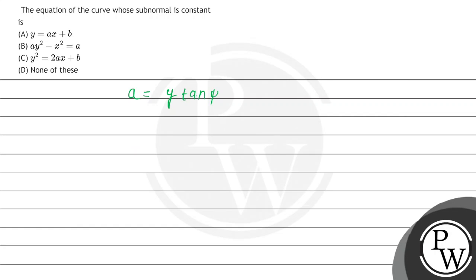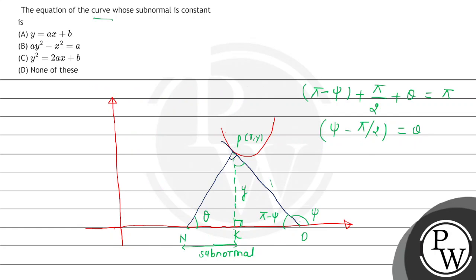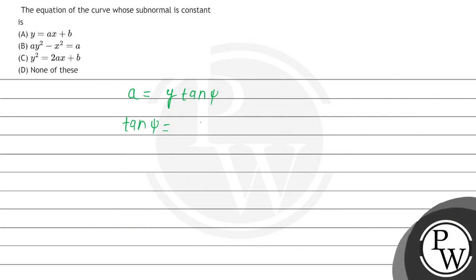Now we know that tan psi is nothing but the slope of the tangent, so it can be written as dy by dx. So now we replace: a is equal to y, and tan psi is replaced by dy by dx. And now we'll solve this differential equation.